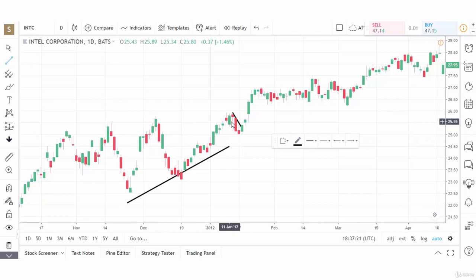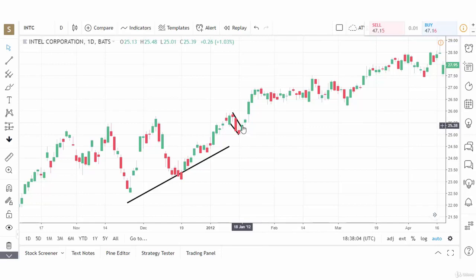That's the upper bound of the flag. And here's our lower bound of our flag. After this 3-day pullback, on the 4th day, the stock breaks the upper bound or the resistance level of our flag and moves to the upside.